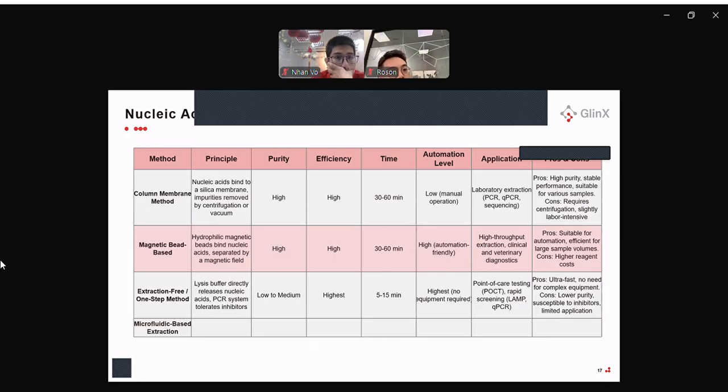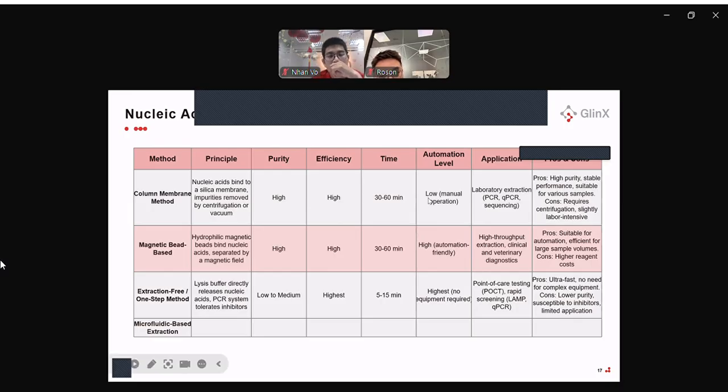It is known for high purity and stability, making the extraction ideal for quantitative PCR, sequencing, and other high precision applications. But the automation level of this method is really, really low, and it must be operated by a human.